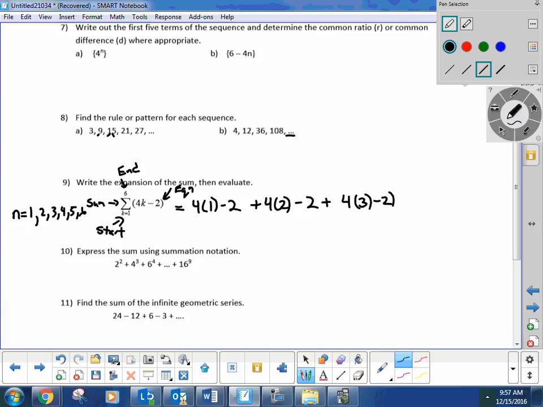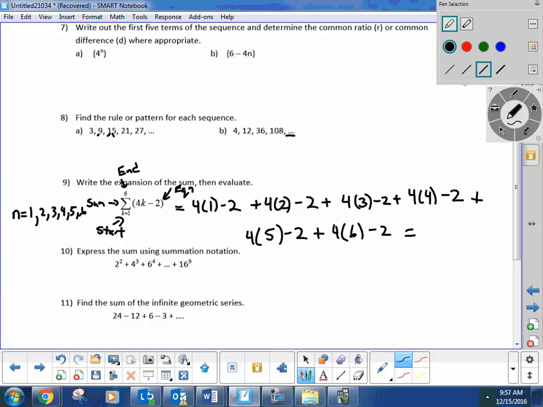Oops, no parentheses there. It's more of a plus. 4 times 4 minus 2, plus 4 times 5 minus 2, plus 4 times 6 minus 2. Okay, and then when you add them all up, that'll be your solution.